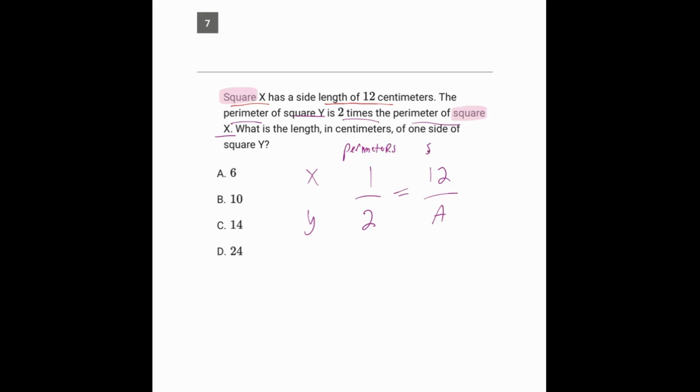And here we have the ratio of the two sides. And now we can just cross multiply. 2 times 12 equals 1 times a. Multiply on the left, 24 equals a. And that's our answer, D.